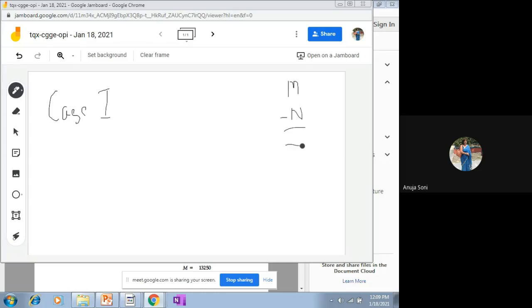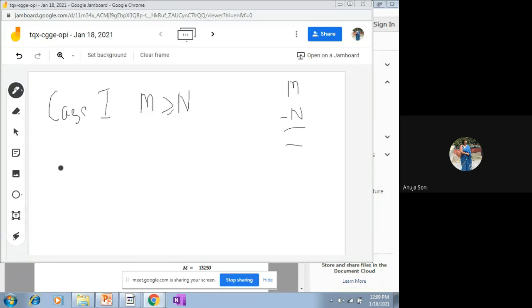Case 1 is where the value of m is a positive number, n is a negative number, and the value of m is greater than or equal to n. This is our first case, meaning the magnitude of the positive number is greater than that of the negative number.